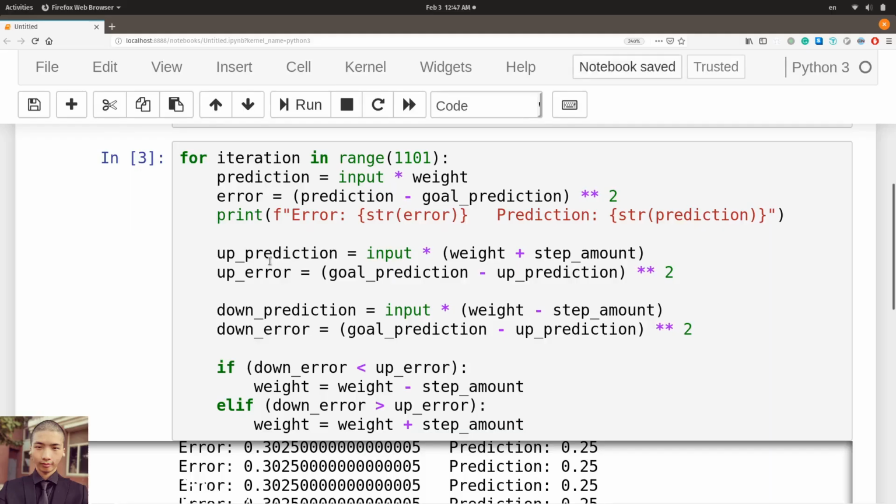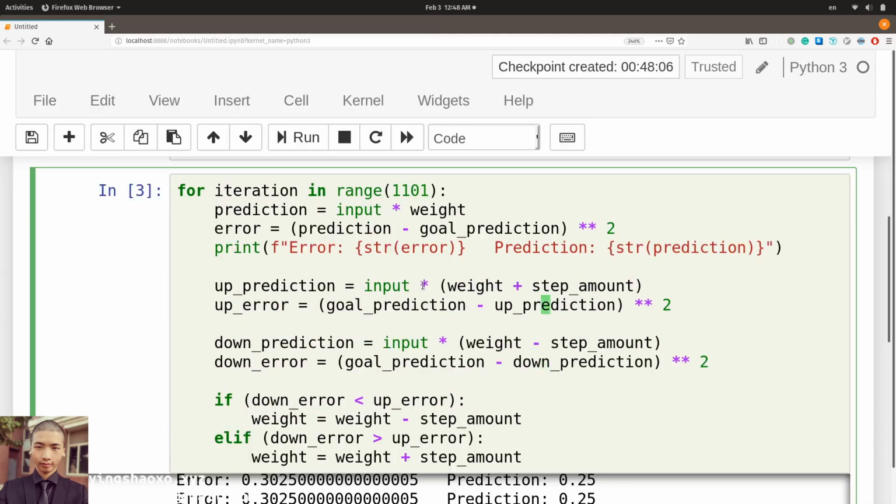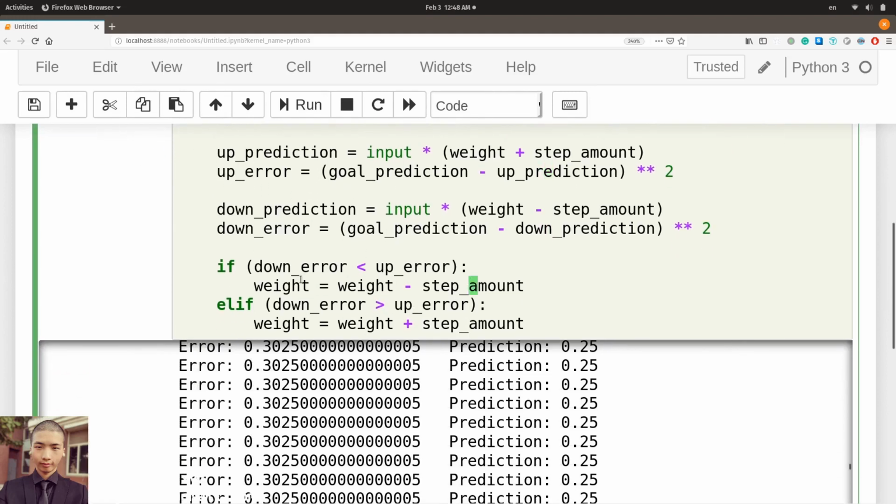Oh, now I know where I went wrong here. I should use the down prediction. We calculate the up prediction and down prediction and do some comparison.